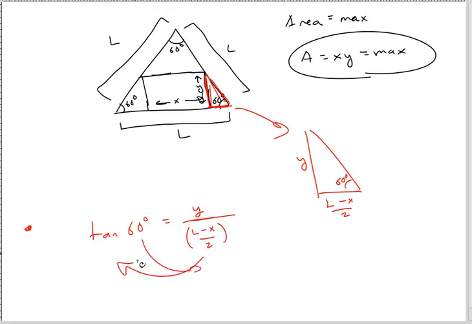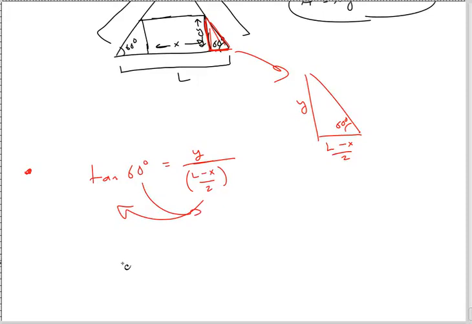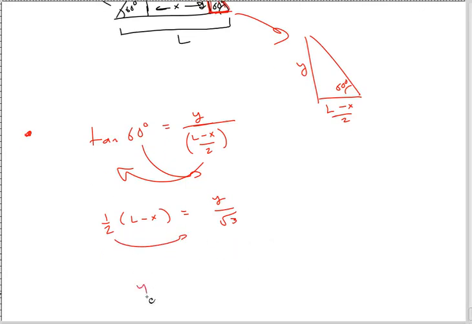And so I can start moving some stuff around. And tangent of 60 degrees, I'm trying to put this in my mind, square root 3. Yeah, we'll just call it that. So I've got 1/2 L minus X is equal to Y over the square root of 3. I'll put the 2 over there too, and that's going to be in the numerator. So that's 2 over the square root of 3 times Y, and then we got L minus X. And now what?